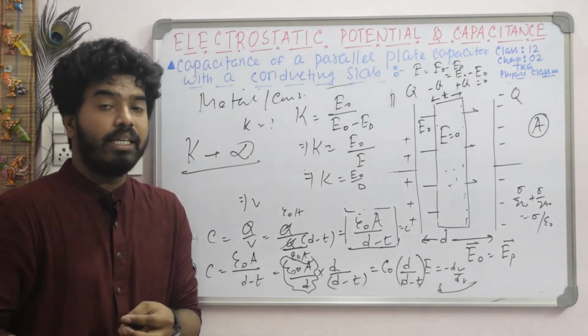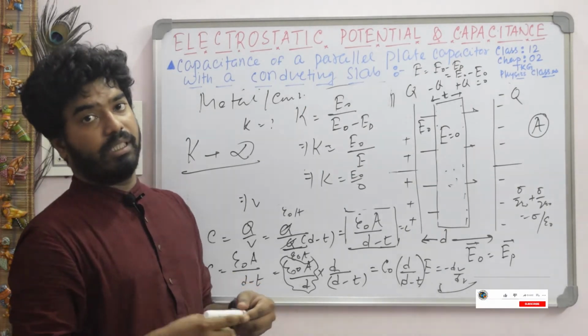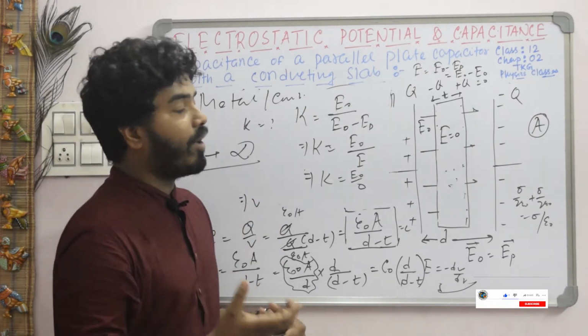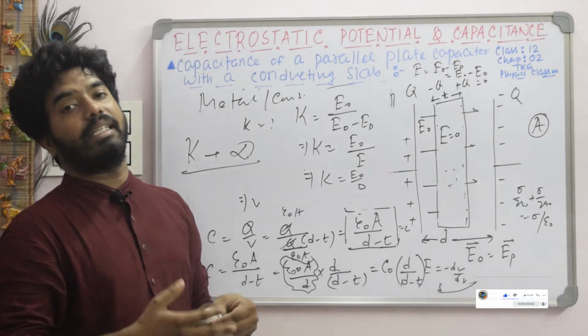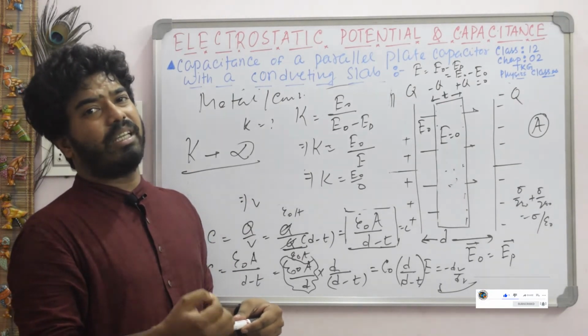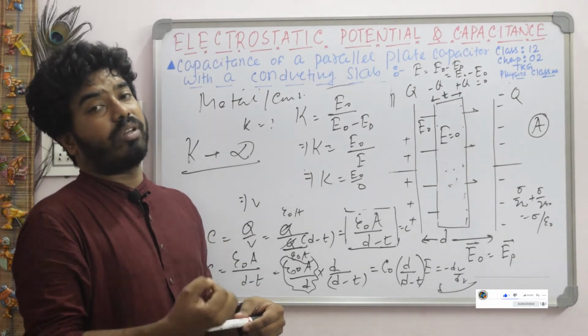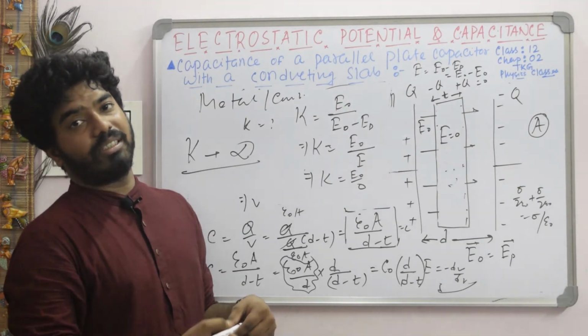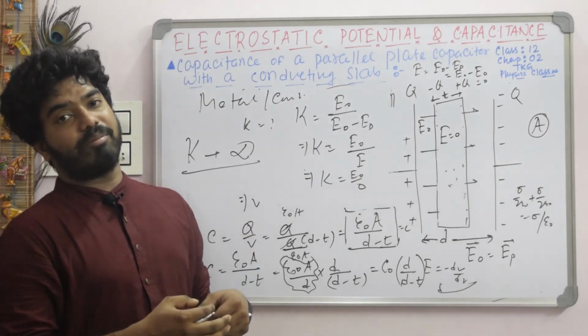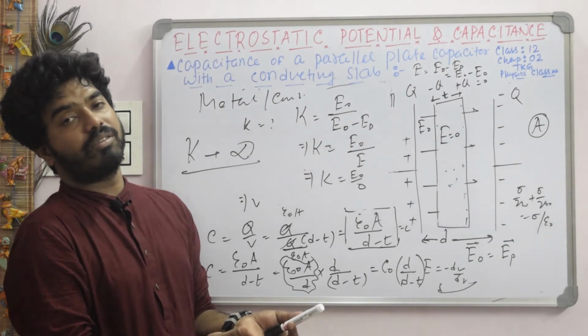So you can say the dielectric constant, the relative permittivity, for a conducting slab is infinite. That means it decreases the electric field nearly to 0.